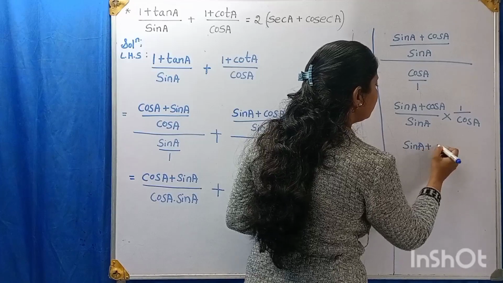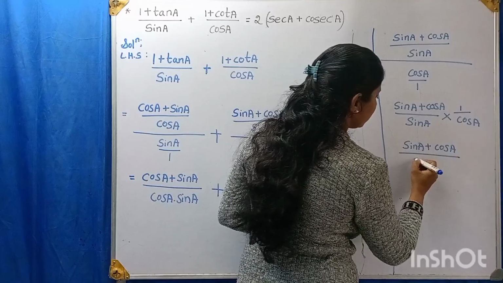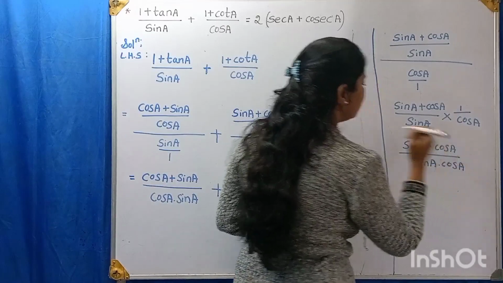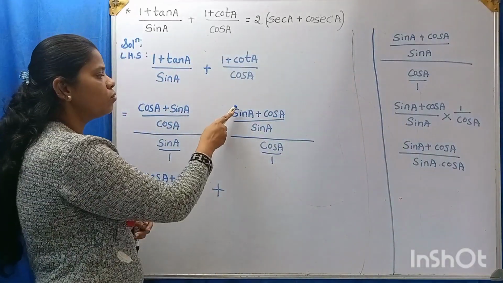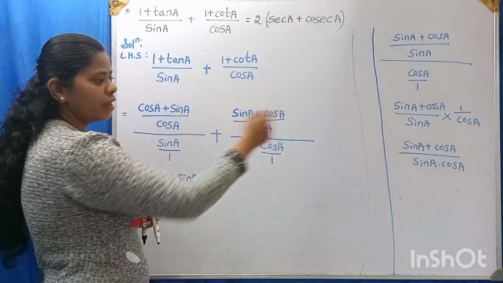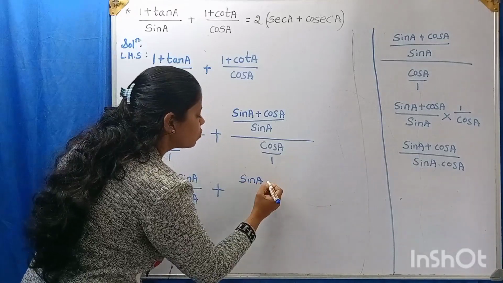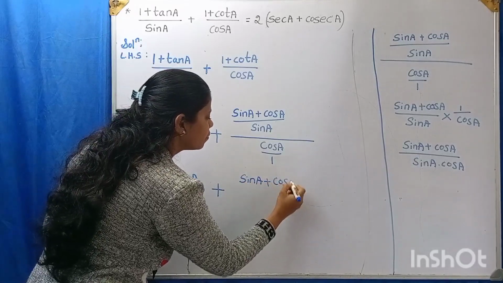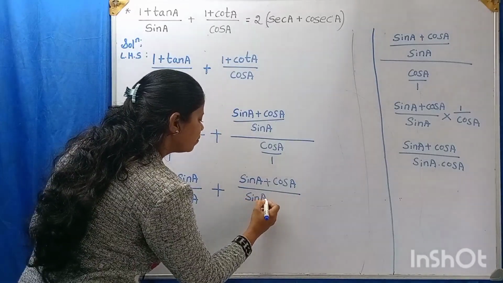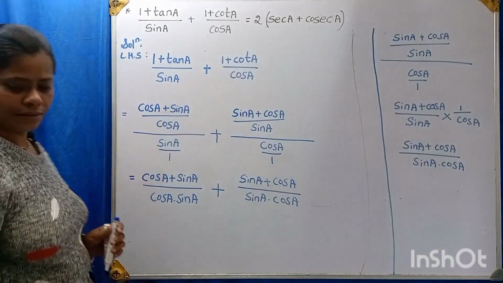(Sin A plus cos A) divided by sin A into cos A. Therefore this whole term we can write as (sin A plus cos A) divided by sin A into cos A.